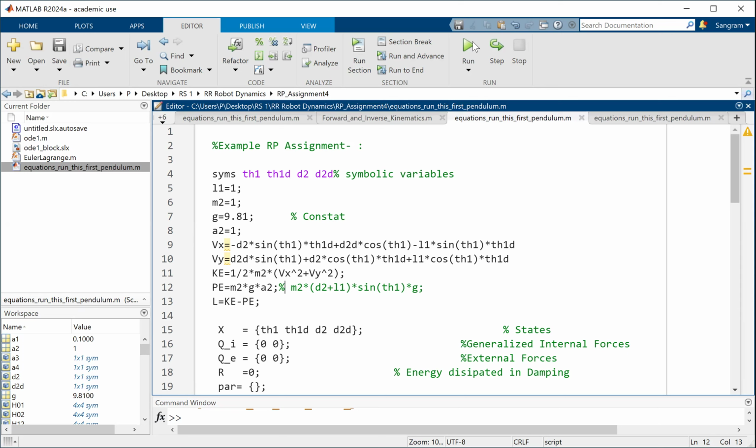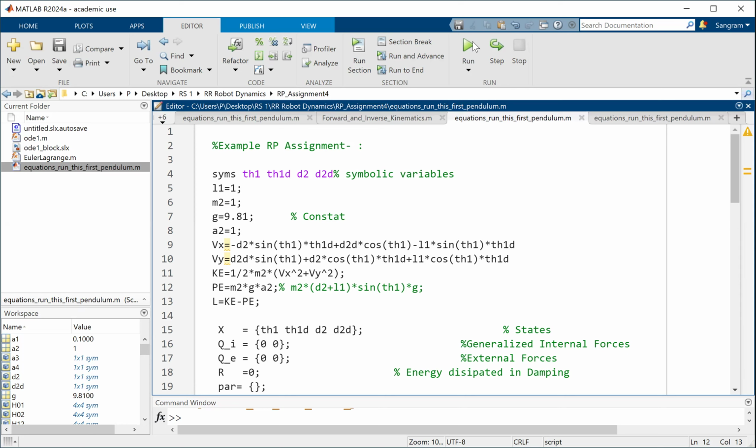Everyone understood this? Next line, the potential energy in this configuration. Why in this configuration? Because note my z is like this, x and y. So the z distance is remaining constant. This mass is not going up or down.